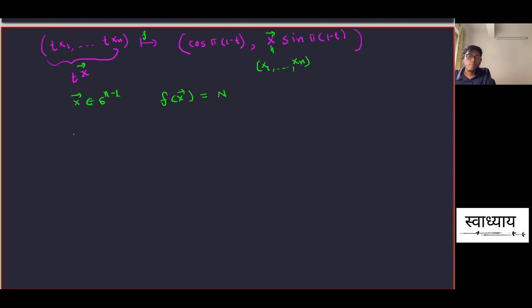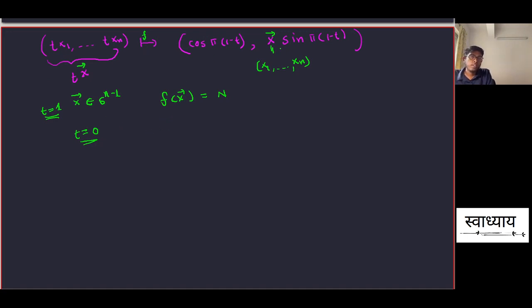Now similarly, what if x equals 0? So that means t is 0, because I'm varying the t. Here t is 1, and if t is 0, what I'll be getting is the center of this disk.